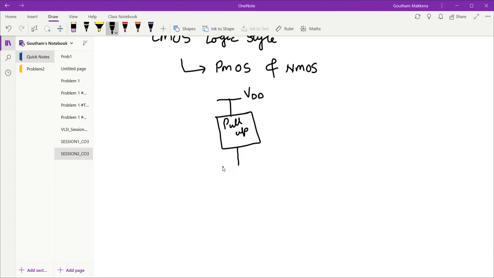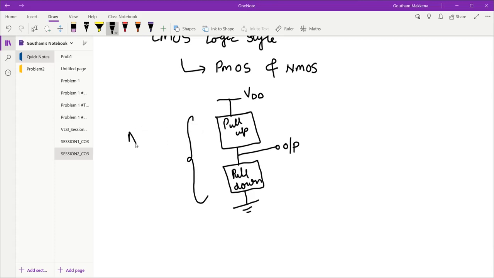Then we have a connector like this, and then we have one more box over here. This is nothing but the pull down network, and this is close to ground. This is nothing but the output. So this is the generic structure of any CMOS circuit.